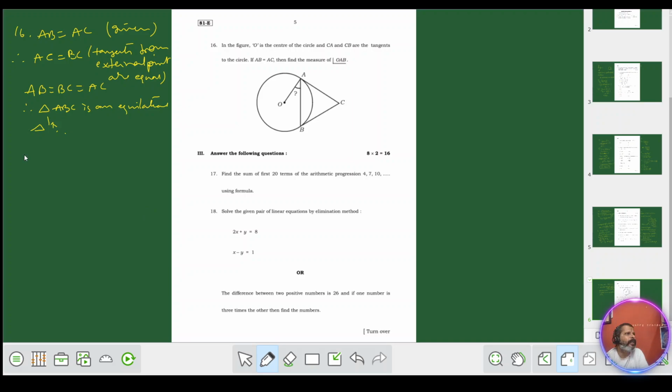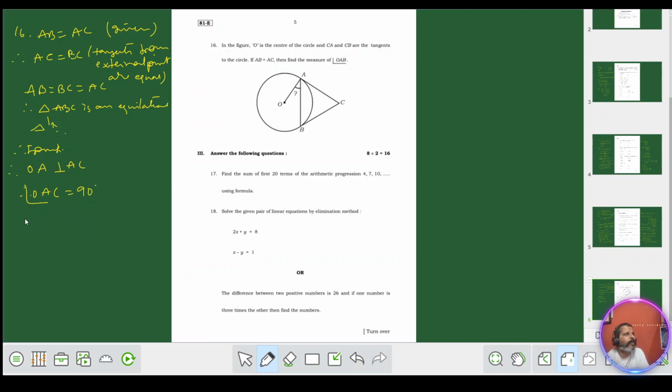Therefore, just observe here, OA is a radius, AC is a tangent. Therefore, OAC will be 90 degrees. Okay. We'll write that. Therefore, OA is a tangent, OA is perpendicular to AC, okay, from the figure. Therefore, OAC is how much? 90 degrees.